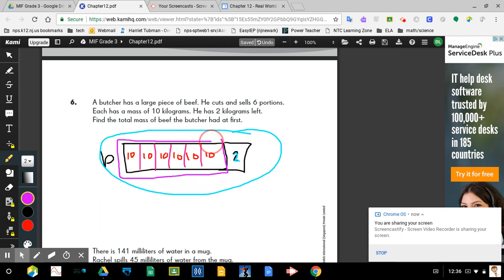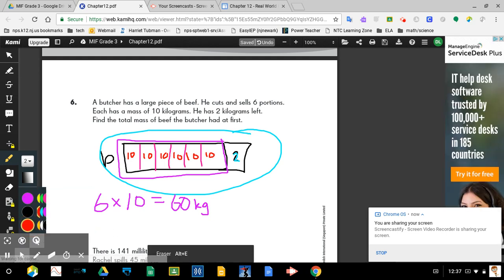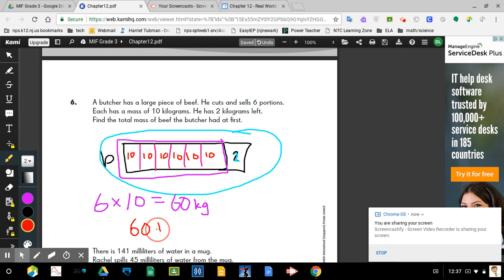I'm doing 6 groups of 10, which is 10, 20, 30, 40, 50, 60, which is 60 kilograms. Then I have 2 left, so I'm going to add that 2 in there. So 60 plus 2 gives me 62 kilograms to start.